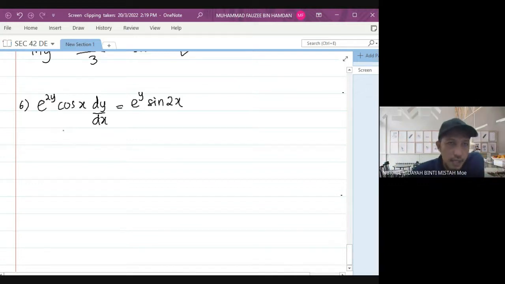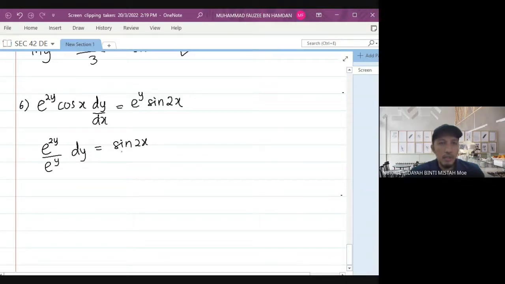First step is very clear that we can separate these terms. So this is e to the power of 2y over e to the power of y dy equal to sine 2x over cos x dx. Any question? Any problem?